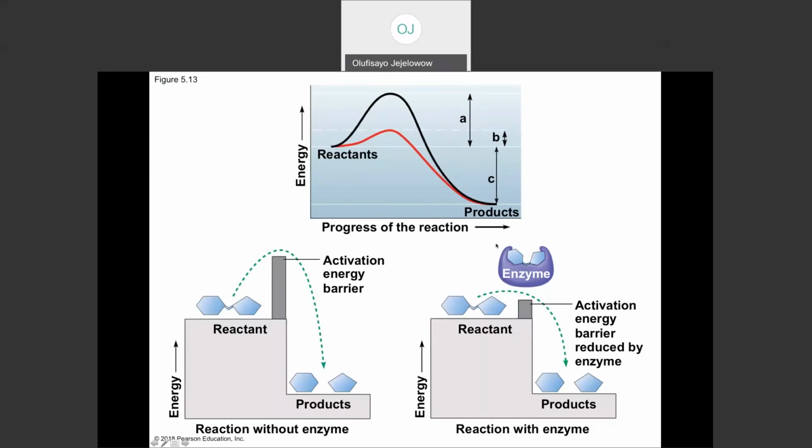Typically, enzymes have an active site that fits the substrate.